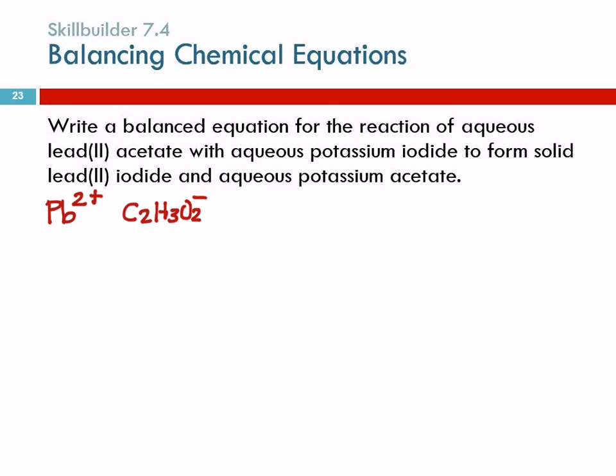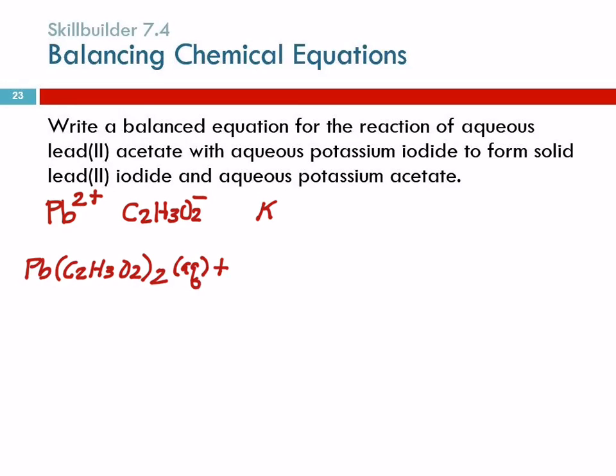They're not the same, so we can do that crisscross thing. And we're going to end up with Pb(C2H3O2)2. What state symbol should I write here? AQ for aqueous.